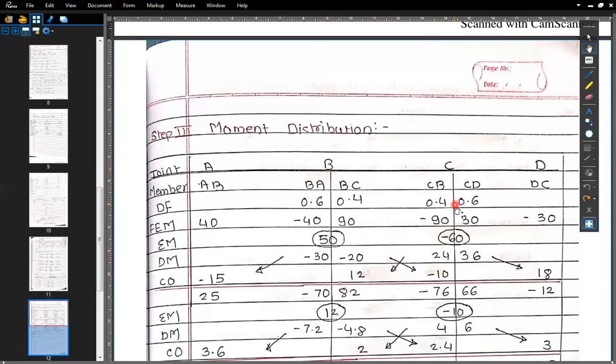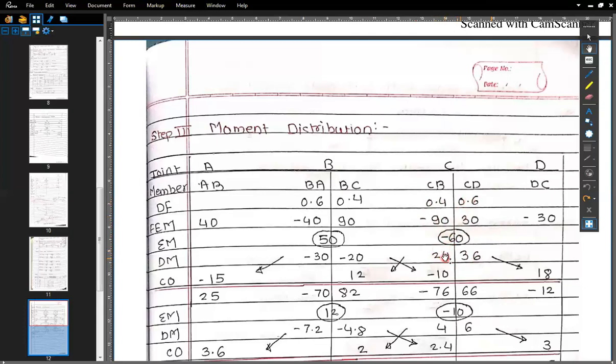Then moving towards joint C, there is an unbalanced moment of minus 90 and 30. So minus 60 is the unbalanced moment. So we are going to apply an equal and opposite moment, that is plus 60. So plus 60 into 0.4 and plus 60 into 0.6. So it comes as 24 and 36.